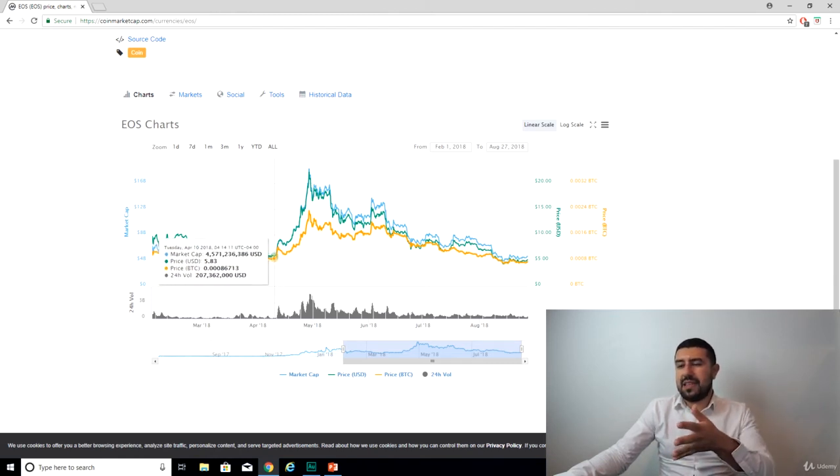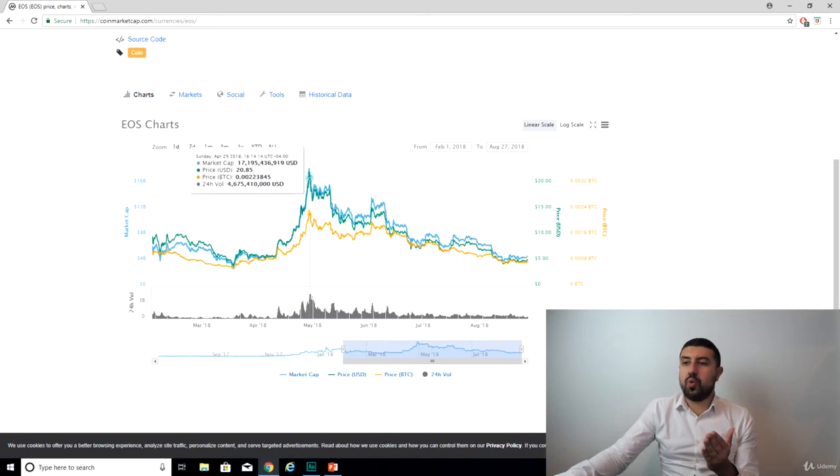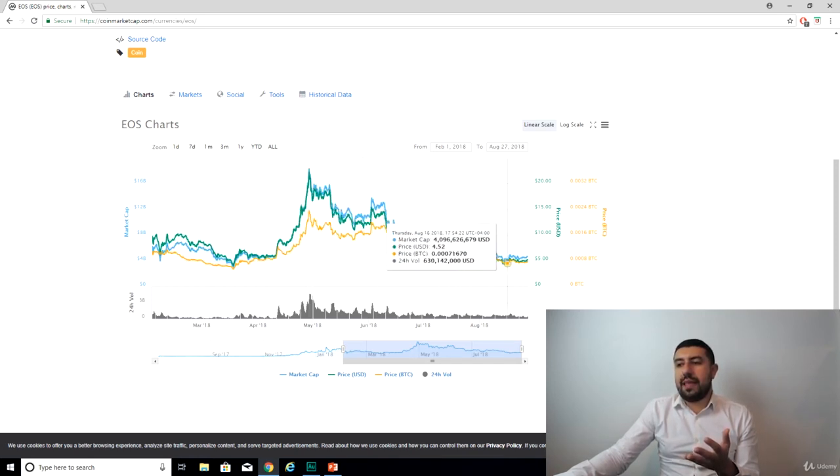I don't want to say April was dropping, it was going up a bit, but EOS went up from $5 within a few weeks all the way up to 22, 23 bucks, right? So it more than quadrupled within a week or a few weeks. But then it dropped all the way back down to 5, right?